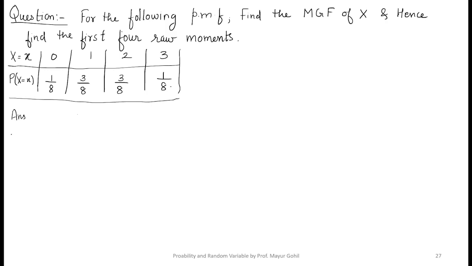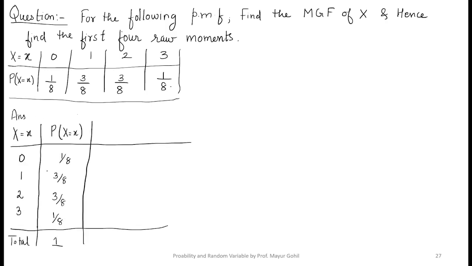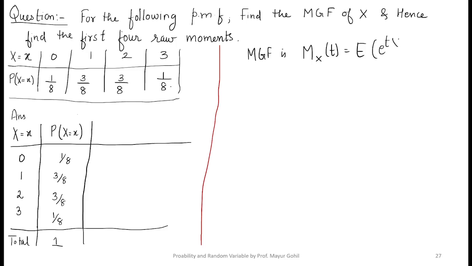So first thing, we make the table in the vertical format. Having made the table, we now write the theoretical thing, and then we will extend some columns ahead. Now let us see what all things we have to write. MGF is Mx(t), the expectation of e to the power tx.